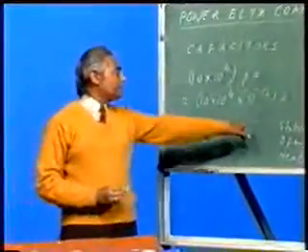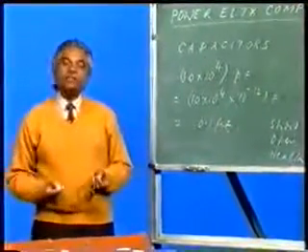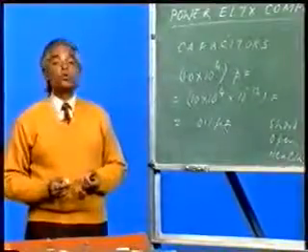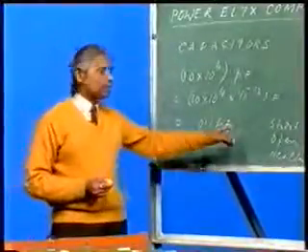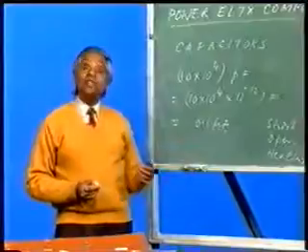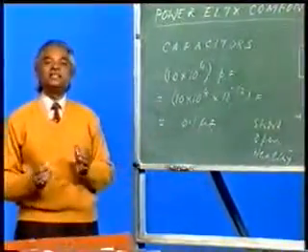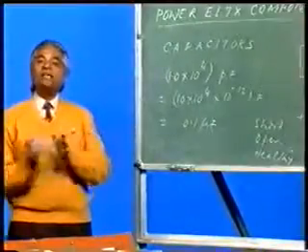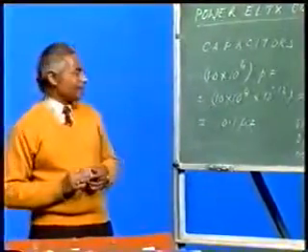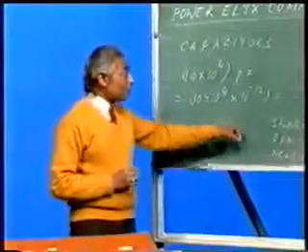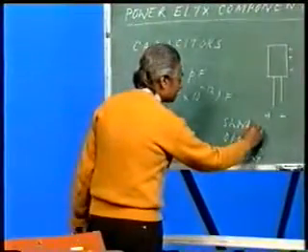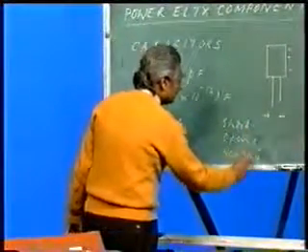Short means if I connect it across a multimeter, it will show you 0 resistance. If it is open, what do you think? It will show infinite resistance. And if it is healthy, it will show you some resistance which is not 0 and which is also not infinite. But we cannot say that if a capacitor is not short, not open, it has to be healthy.